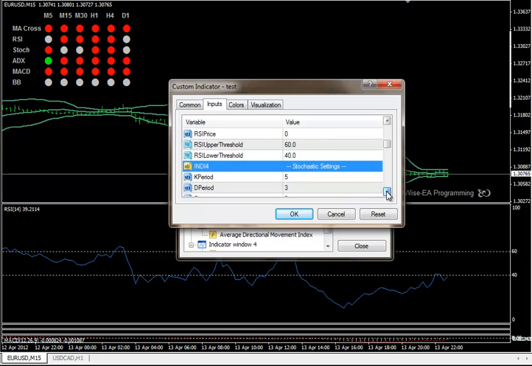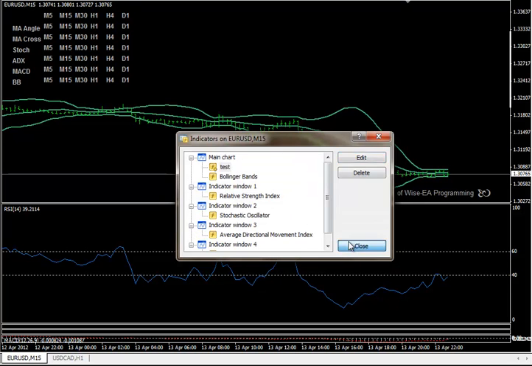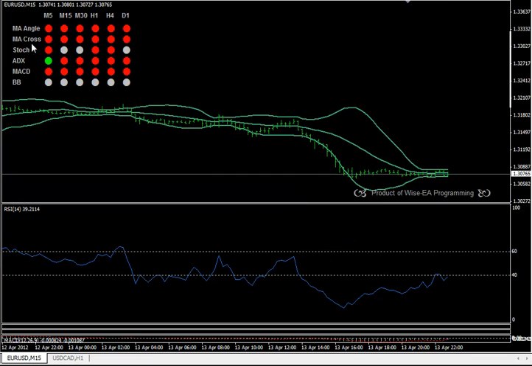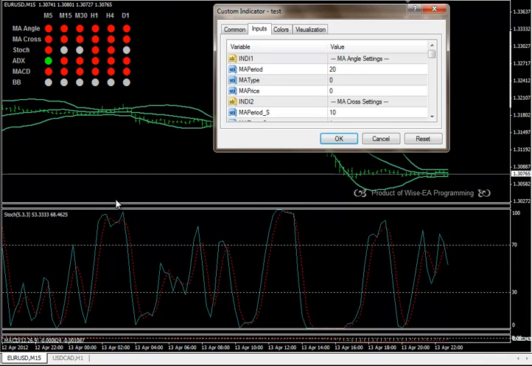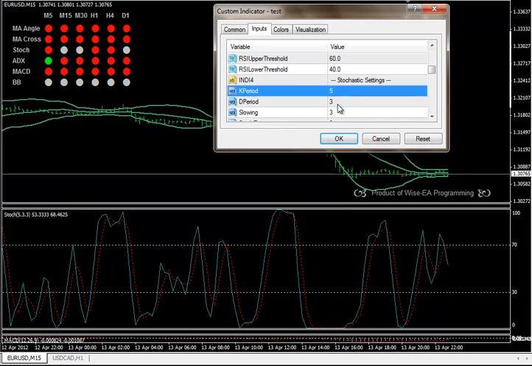In terms of stochastic setting, in this case, let's just make this to 0. See, there's no RSI. For stochastic, it's similar to RSI. This 533 defines the stochastic, and here we're looking at the stochastic main line.